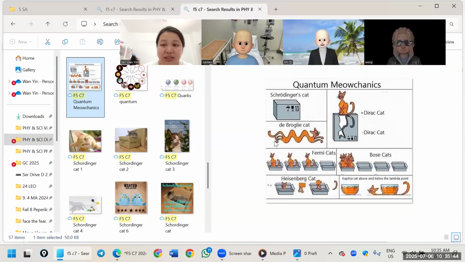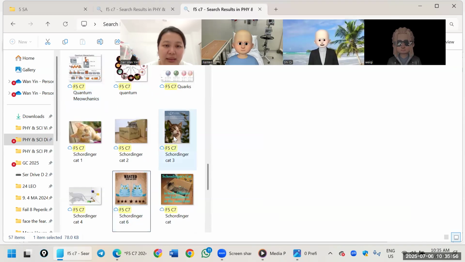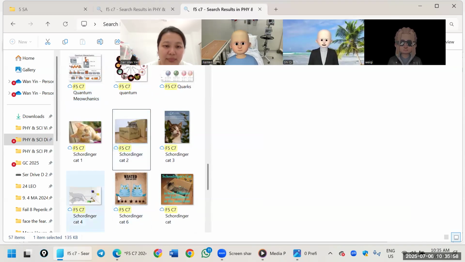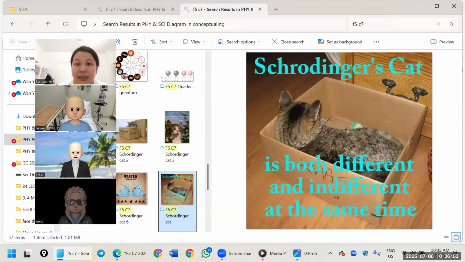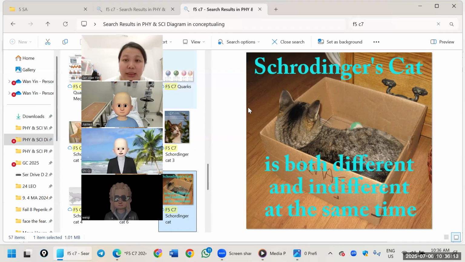In quantum physics, there are many experiments related to cats. So first is Schrodinger's cat. It is him, Schrodinger. He's German. You might find the name familiar because there is an electric brand called Schneider.